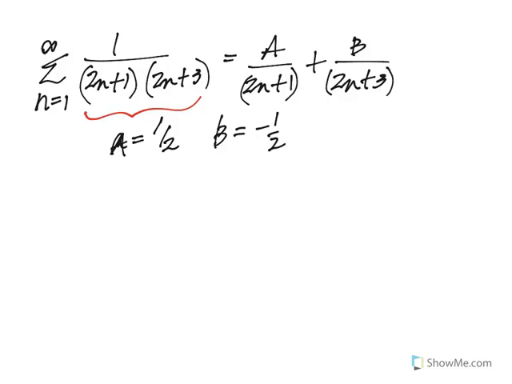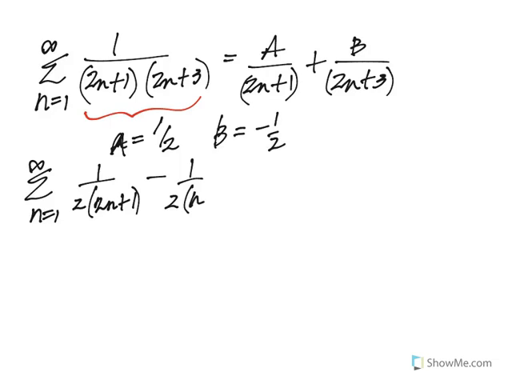If you're looking for how this works, get a common denominator, pick convenient values of x, and solve for A and B. In the interest of saving time, I'm skipping all of that. What that means is that this series, from 1 to infinity, becomes 1/2 times 1 over 2n plus 1 minus 1/2 times 1 over 2n plus 3.